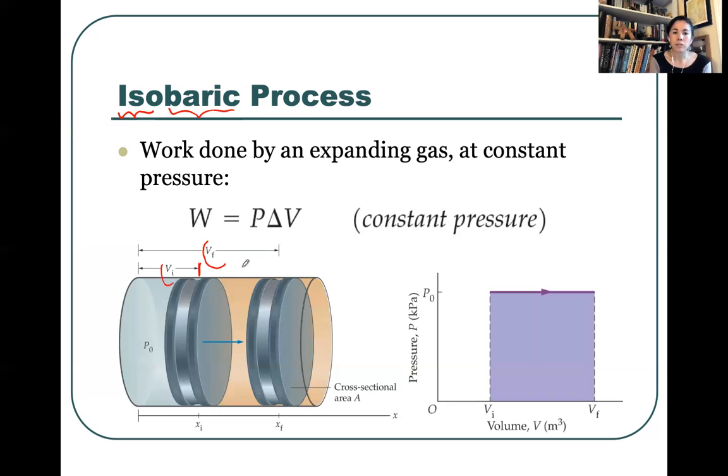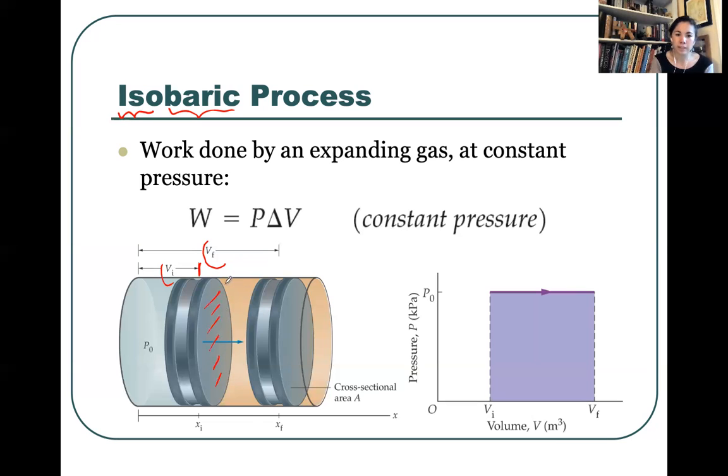Okay, and so if we want to find out the amount of work that this took, it's actually not too hard. You can do it given what you know about our definition of work. So if you think about it, we would look at the force that is needed, okay? And we know that this force is related to pressure and area, okay?